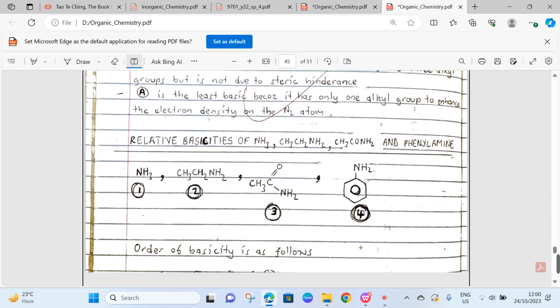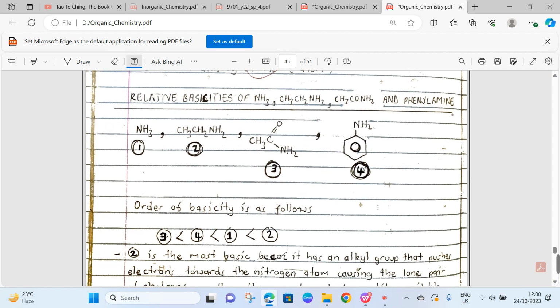Okay, now moving on to the relative basicities of ammonia NH3, ethylamine, and ethanamide and phenylamine. Right? Of these four molecules, number 2 is the most basic. Right?